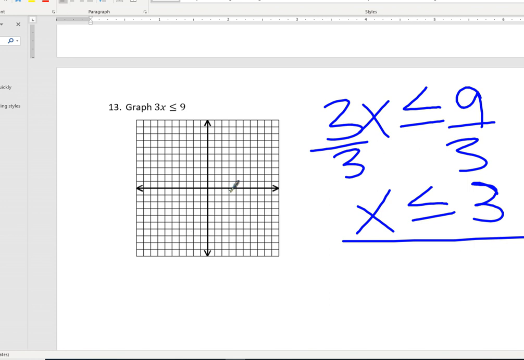I'm going to go to 3 and touch it right there. The only way I can make a line there is if I make a vertical line, because there's a little line here at the bottom. That means that it is solid. So I am going to make a solid line this way. And my little arrow is pointing that way, therefore I should be shading over here.